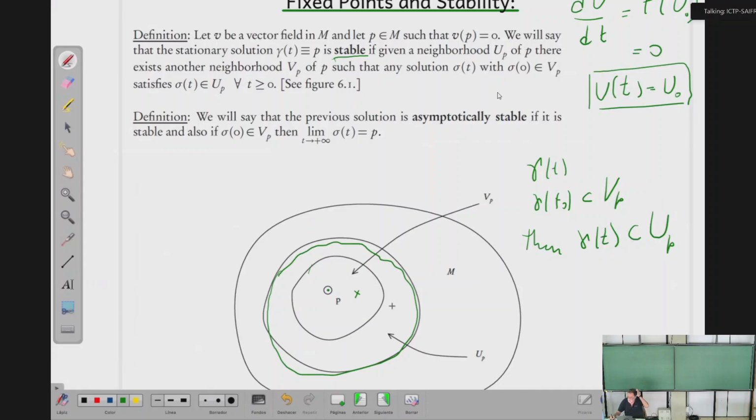Notice that you give the Up, you say for any Up, so this can be arbitrary, and there exists a Vp. Once you give this, you find this other one, such that if you start the solution here, the solution doesn't leave this region, okay? They need not be equal.